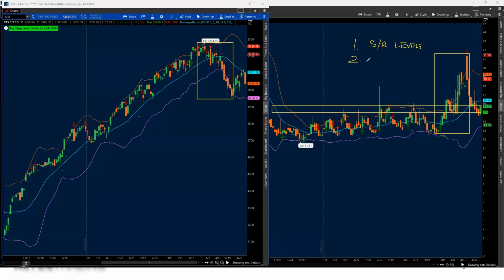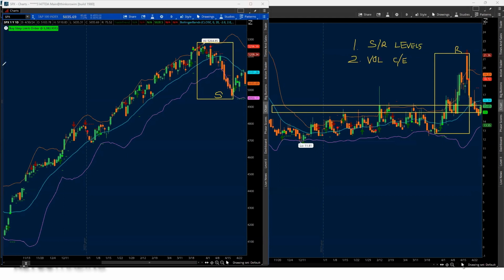We also want to watch for volatility contraction and expansion. And I'll explain what that means here. So we're looking for correlated levels between the VIX and the S&P. So S&P into support, VIX into resistance, and specifically to the S&Ps, we want to look for volatility contraction and expansion.